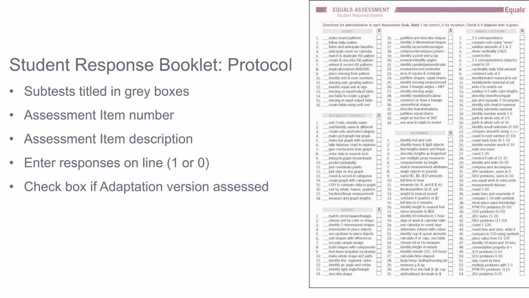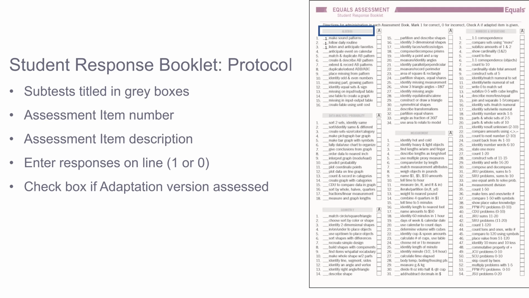So up here is algebra in this gray box, and so on. You can see it looks a little bit tiny from here, but each of these are separated. There's an assessment item number first, and then there's a blank line, and you're going to enter a 1 or a 0.